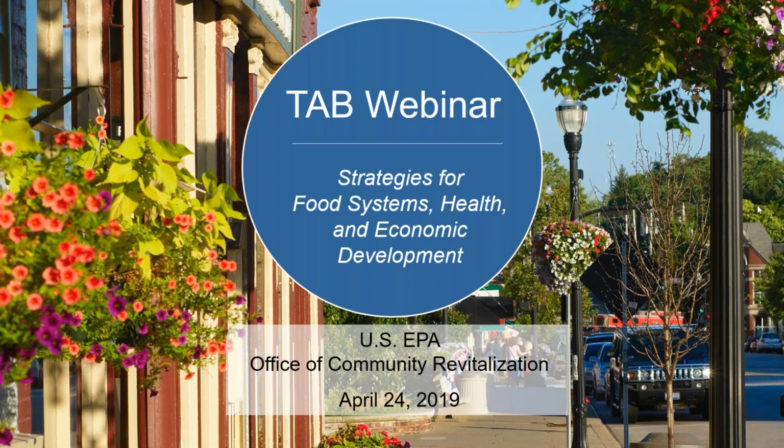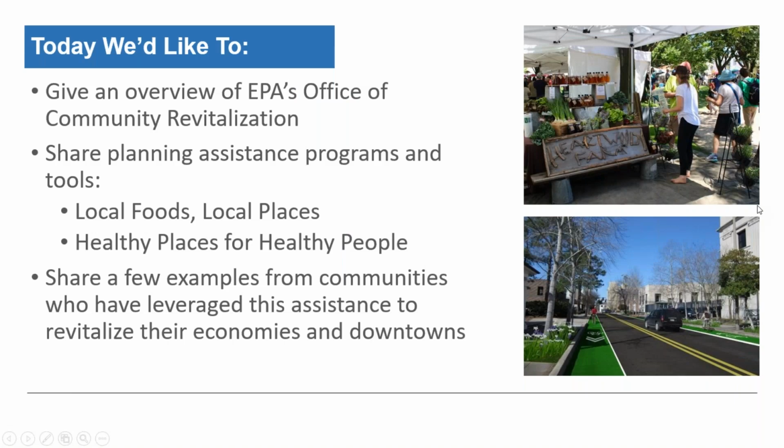What we'd like to do today is give you a little bit of a flavor of what our office does and why we do it, with a focus on a couple of our planning assistance programs and tools, namely the Local Foods, Local Places program and the Healthy Places for Healthy People program. We find that the best way to explain what we do and how we do it is to tell stories from the communities that have taken advantage of the assistance that we provide around revitalizing communities and downtowns.